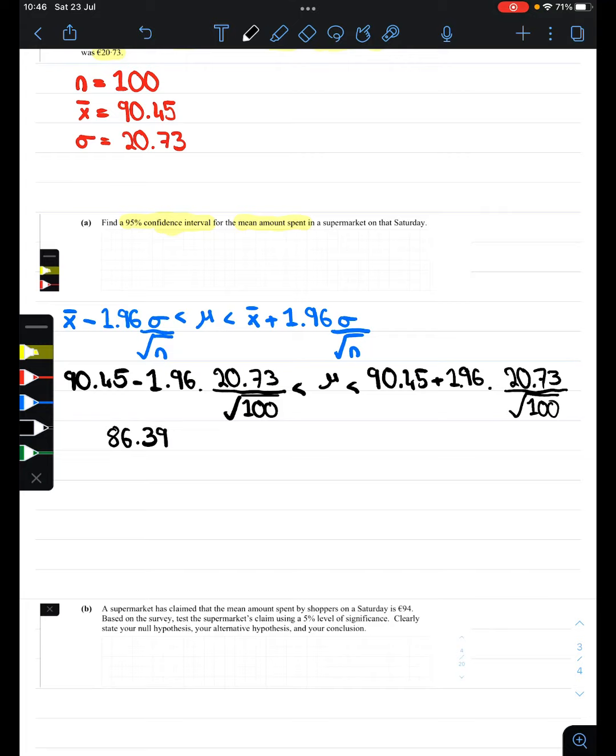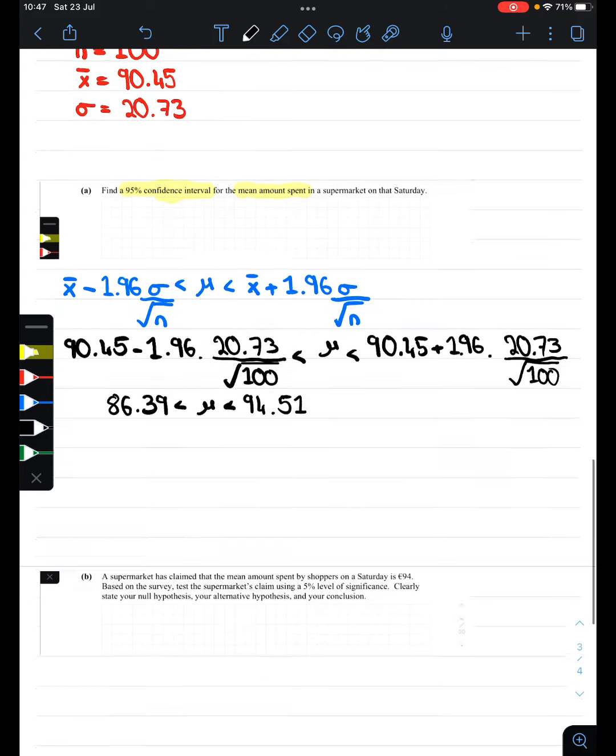We're going to do 2 decimal places because we're working in euros and cents. Less than mu, less than 90.45 plus 1.96 by 20.73 over 10. And that's 94.51. And that's our confidence interval.